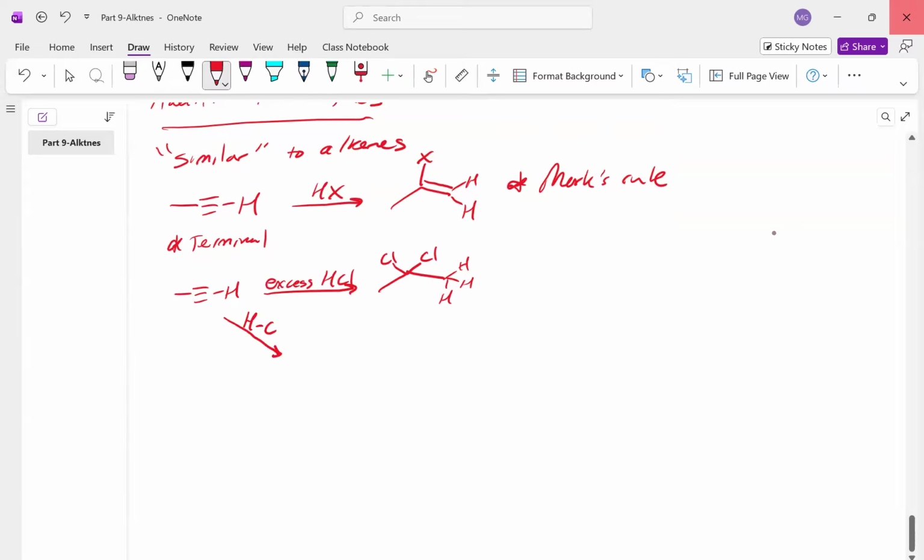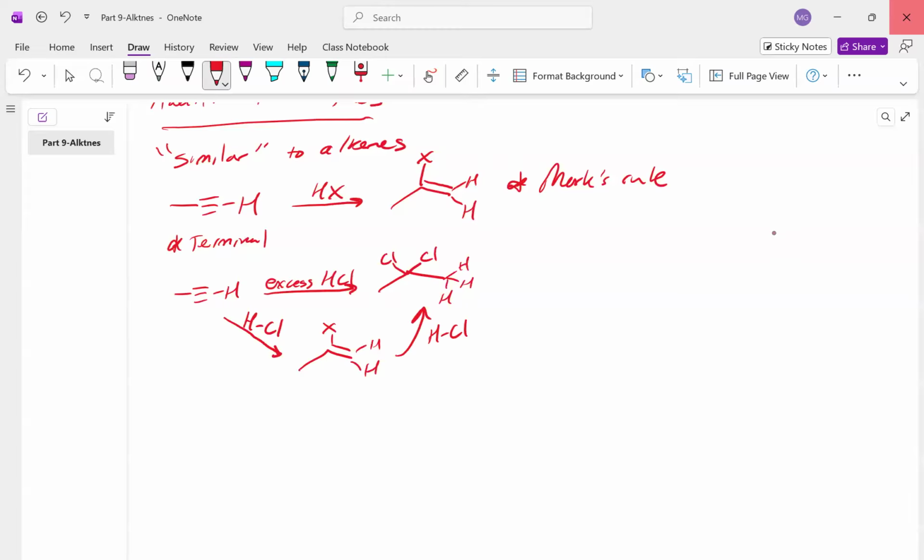It's a back-to-back series of the same reaction. One mole of HCl will add to do the first Markovnikov's addition, and then the next one will add, again following Markovnikov's rule.